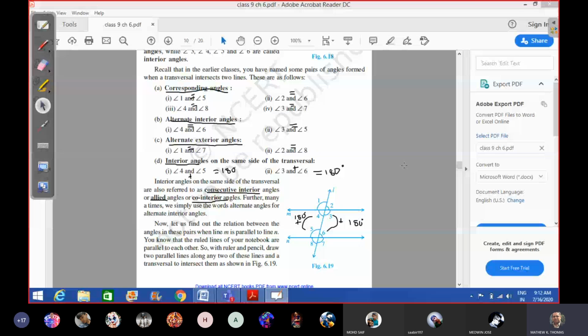Finished? Everyone has done? Or still doing? They're not done. Okay, I'm waiting for another 1 minute, then we'll go to the next. This is also in the textbook, so you can refer to the textbook in case you have joined late or anything.